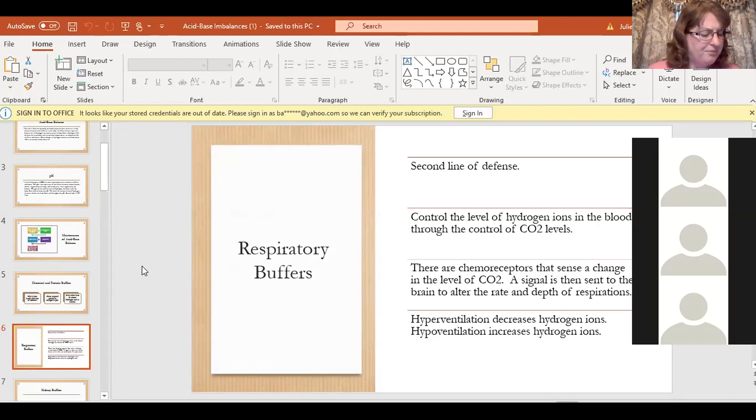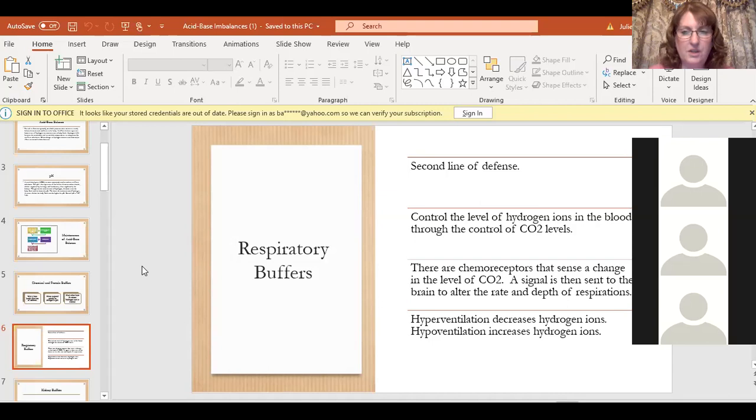So basically, your respirations are going to increase when you have decreased CO2 levels, and this is going to increase your pH. Your respirations are going to decrease and cause retention of CO2, and then cause your pH to decrease.